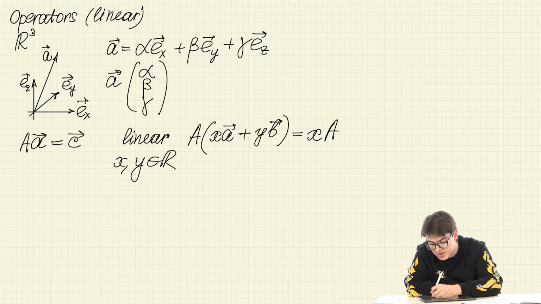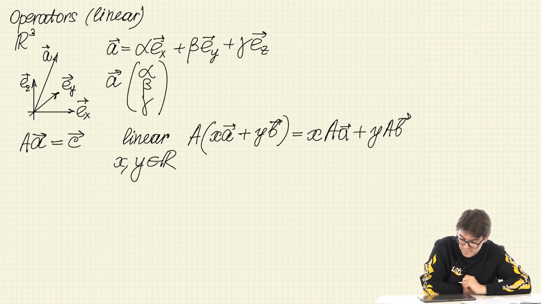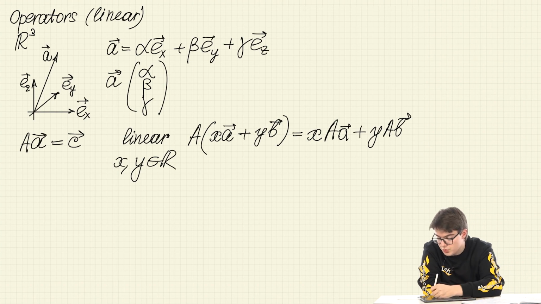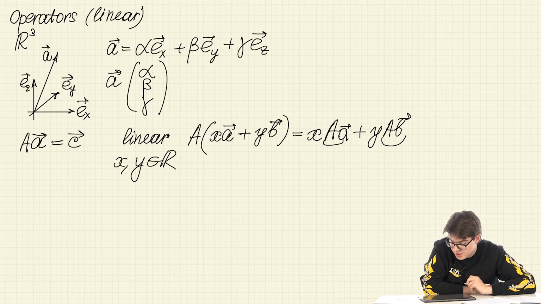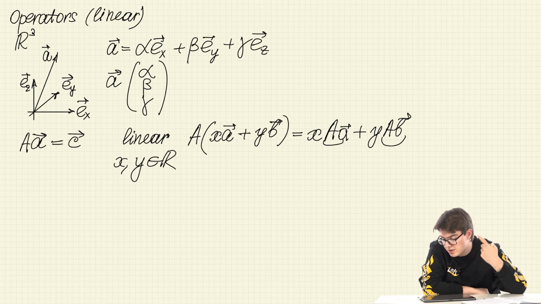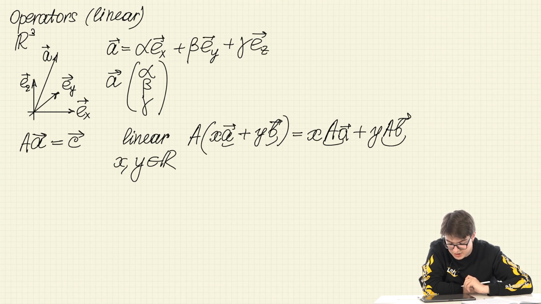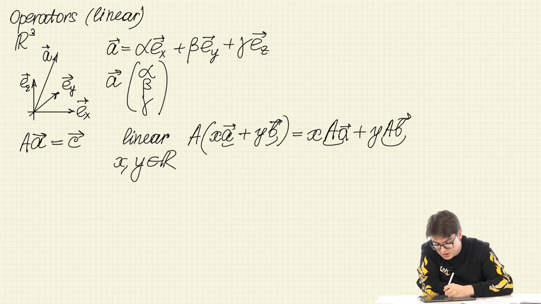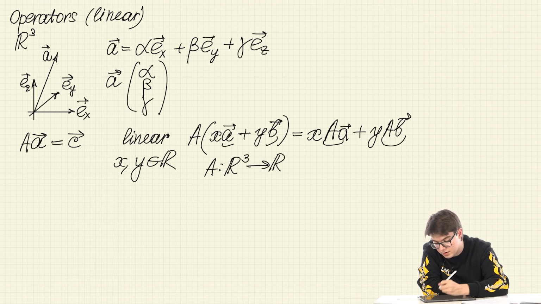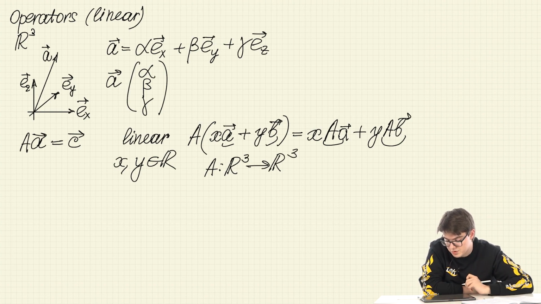we obtain the following vector. So this is the vector again, and this is the vector, and they are scaled by the same factors as A and B. It is very interesting, and it gives many fruitful results. As you see, this operator acts on the three-dimensional space and returns a vector in three-dimensional space.